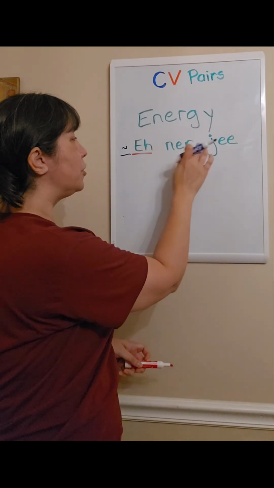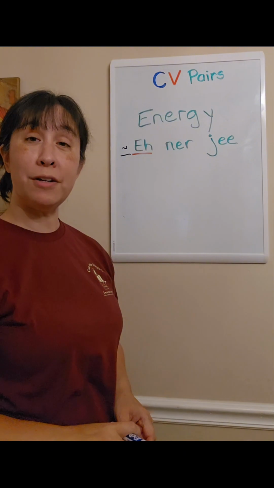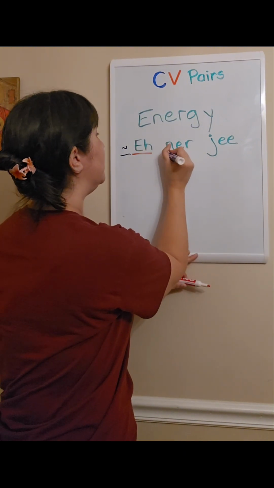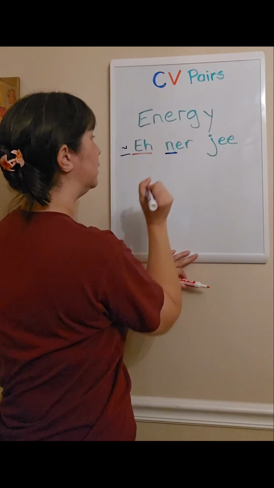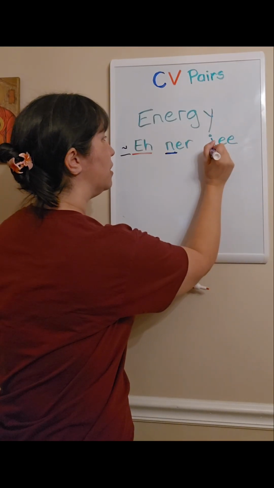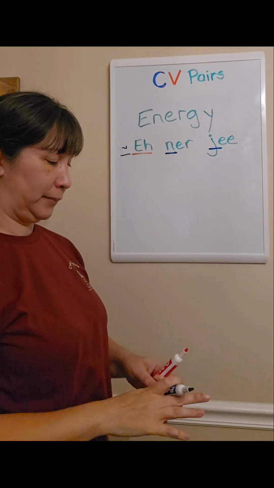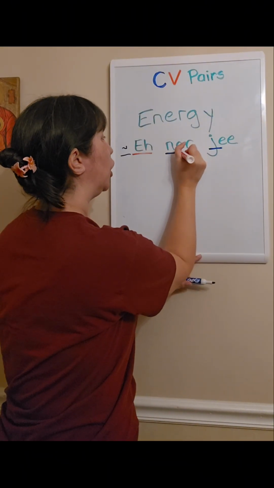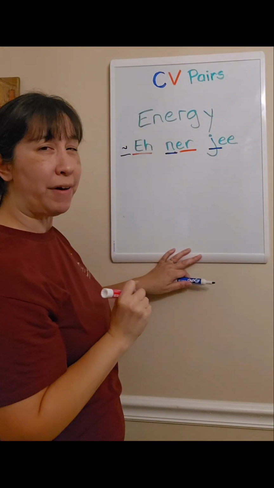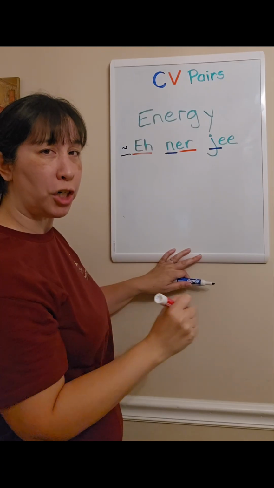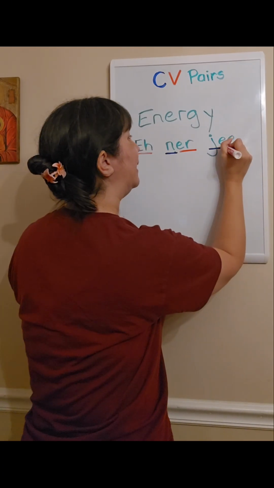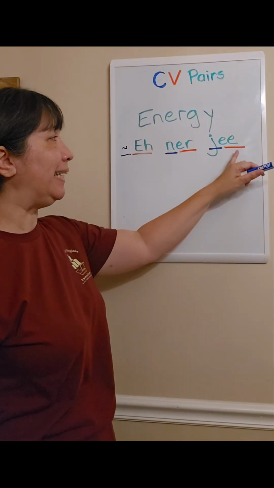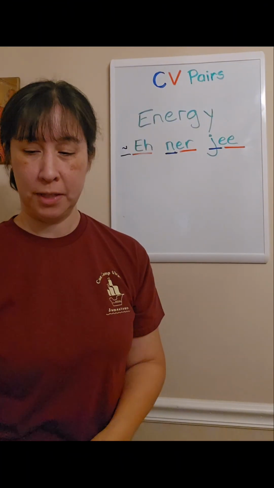Now the next 2 CV pairs are standard CV pairs. They have both a consonant and a vowel. The N sound and the J sound. And then for my vowels, I have the vowel R and the E.